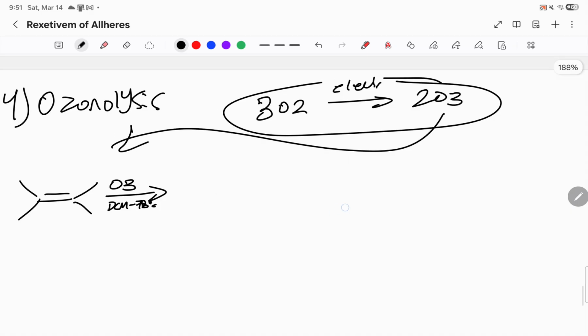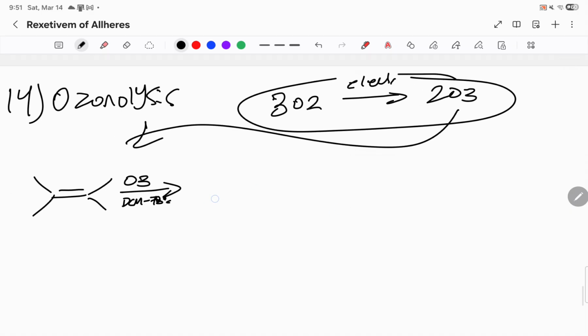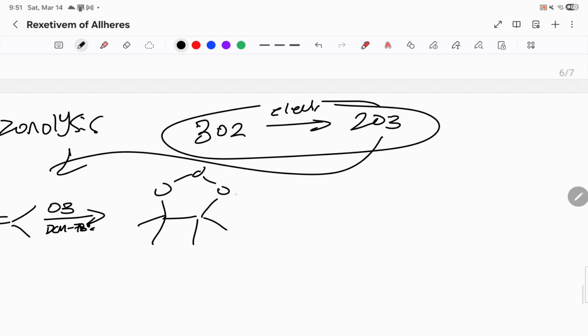But anyways, what does the ozone actually do? So the ozone gives us this thing right here. It adds across our double bond to give us a molozonide intermediate.